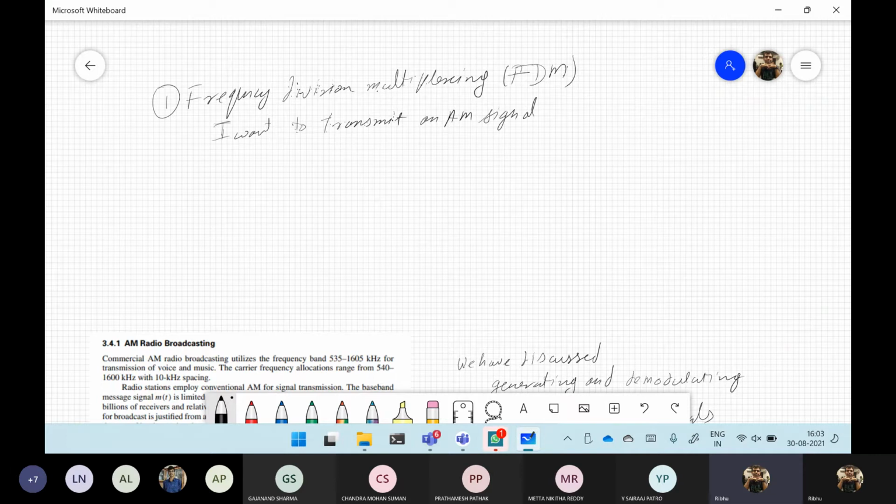Who else wants to transmit an AM signal? Raise your hand. Who other than me wants to transmit an AM signal? Raise your hands. Come on. No one. Yeah. Gandhi wants to transmit AM signals. Yash wants to transmit an AM signal. Good. Pavan. Sorry, Pavan wants to transmit an AM signal, not Yash. Okay. Yash, you don't want to transmit an AM signal?